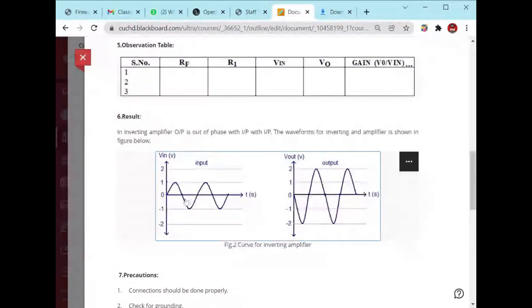Then the second lobe shows 0 at the input, but the second lobe shows 1 at the output. So its output is inverted, and it is out of phase with the input. Here the amplitude of the input voltage is 1, whereas the output amplitude of this waveform is 2. That means it amplified its input signal.